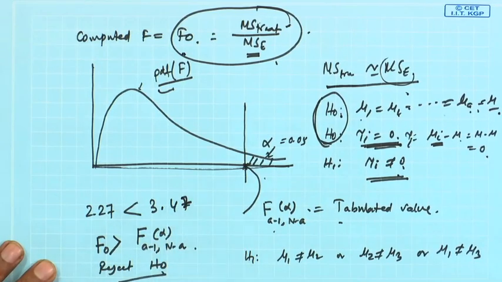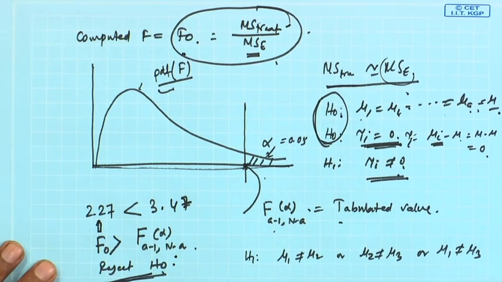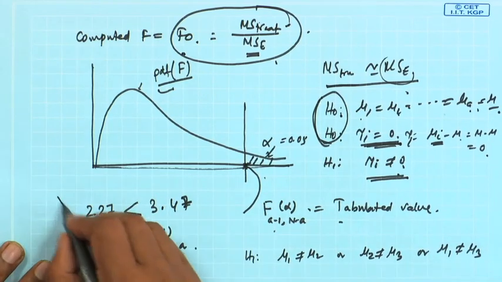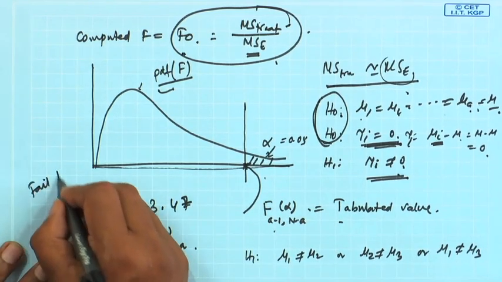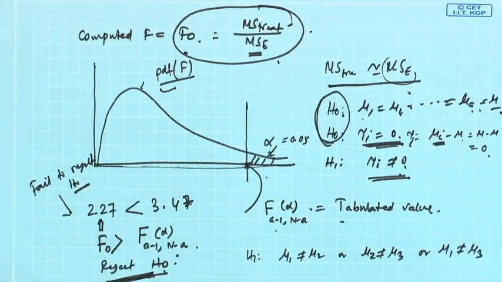As the computed value does not exceed the tabulated value, you cannot reject H0; fail to reject. Our decision here is fail to reject H0. That means there is no treatment effect, or if you change the clutter level from low to high, there is no difference.